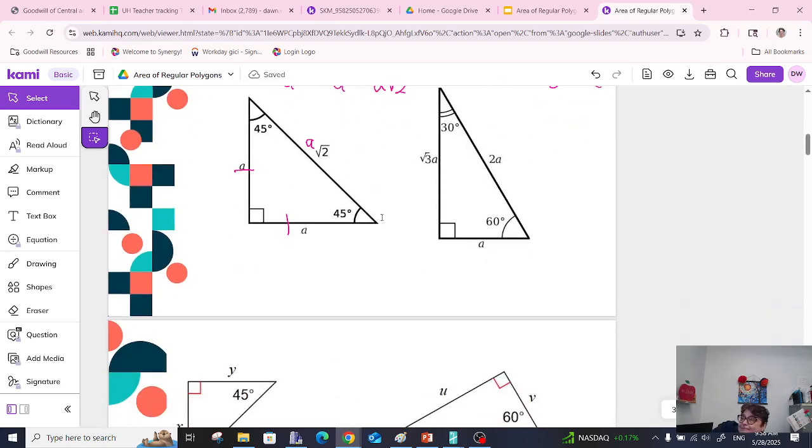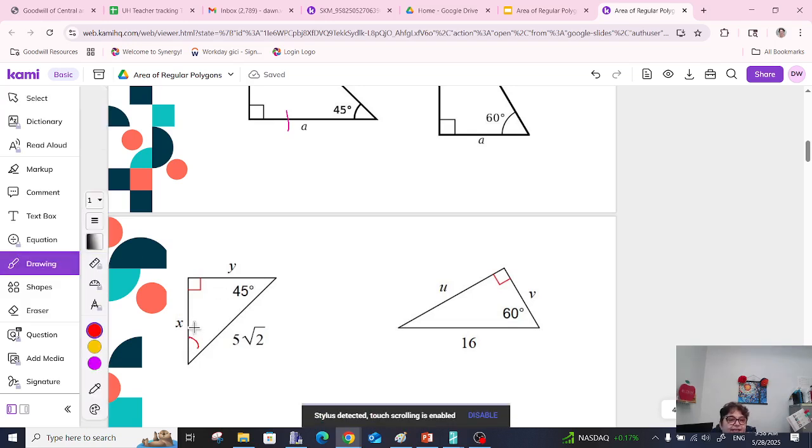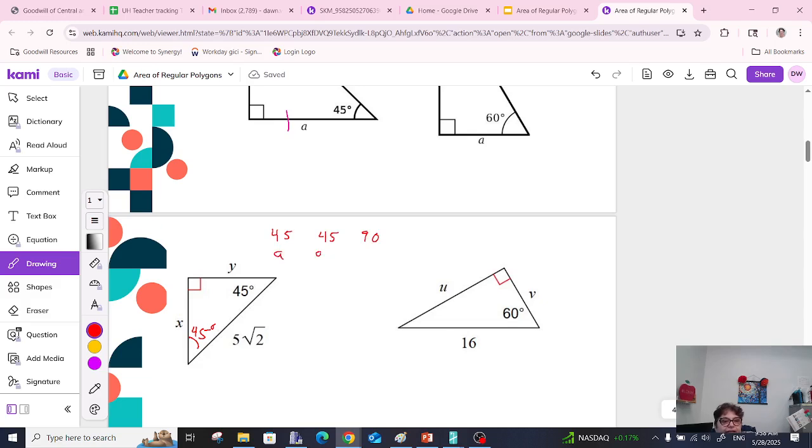Okay, so if I know this is 45 and this is 90, this has to be 45 because it all has to add up to 180, correct? So 45, 45, 90, A, A, A square root 2. This just follows the pattern. What's A if across from the 90 is 5 square root 2?